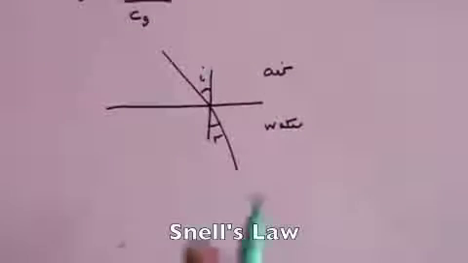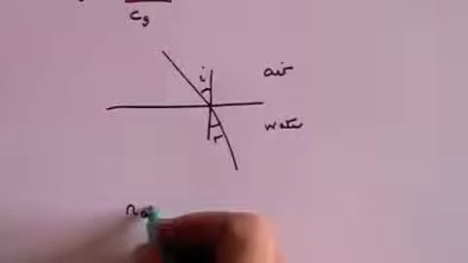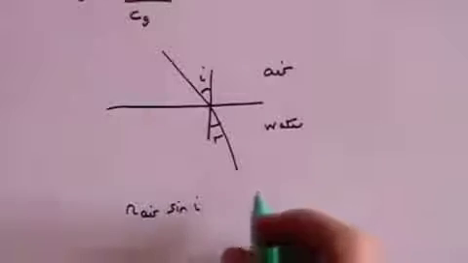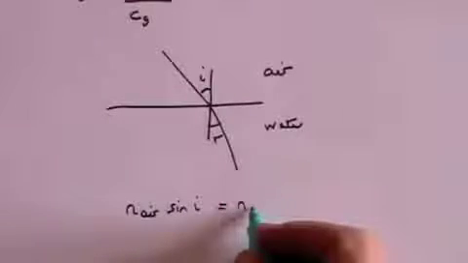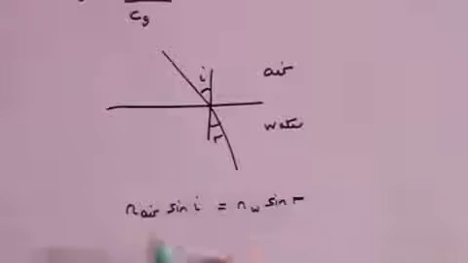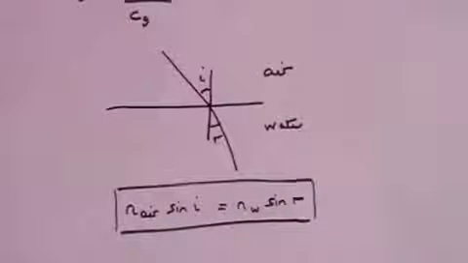And Snell's law says that the refractive index for air, which of course is 1, times the sine of the angle of incidence equals the refractive index of water times the sine of the angle of refraction. That is Snell's law.